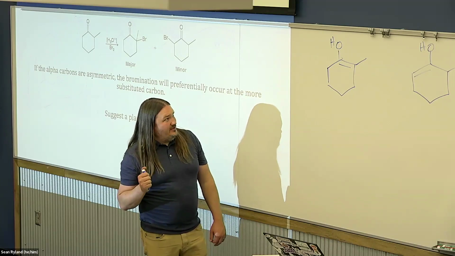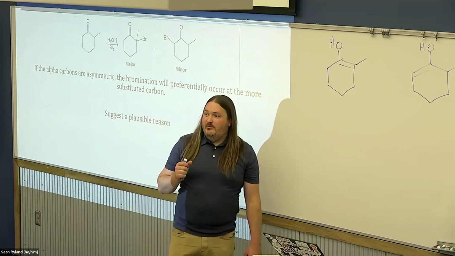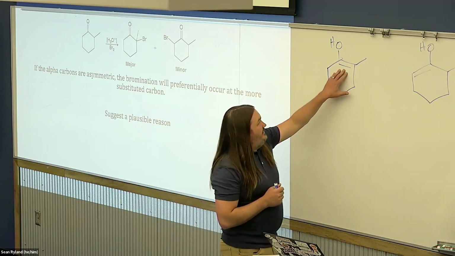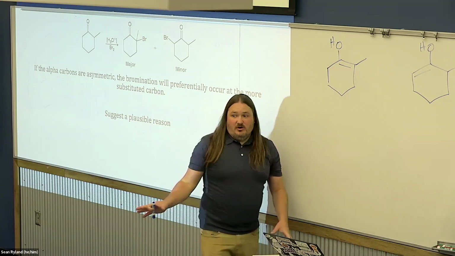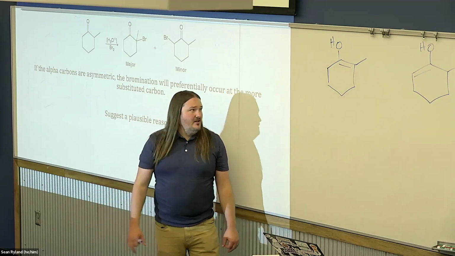You add your bromine to the more substituted carbon, because that puts that intermediate on the substituted carbon. It's the same logic as Markovnikov's rule.